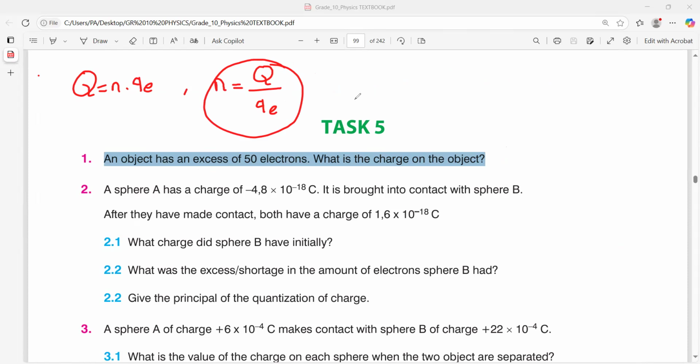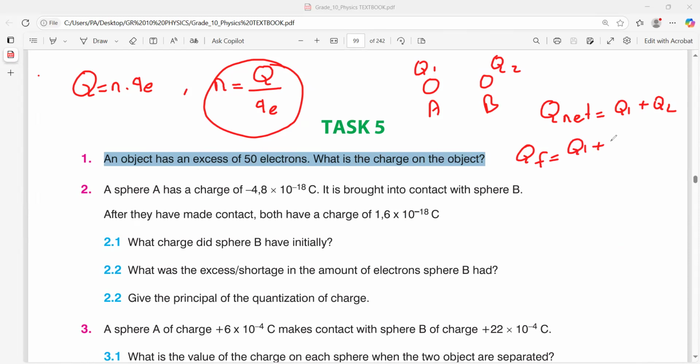Okay, and then what else do we have? You have two charged objects, Q1 and Q2, objects A and B. When they touch and separate, what is, let's say, the net charge? Net charge is Q1 plus Q2. If they ask you for the final charge after touching each other, you can use this formula, Q1 plus Q2 over 2.